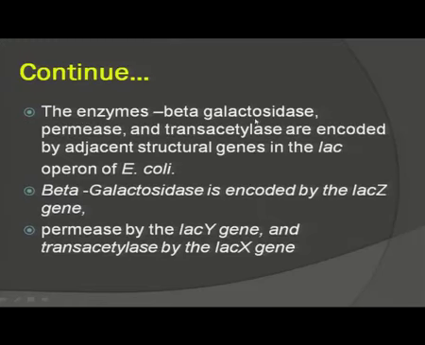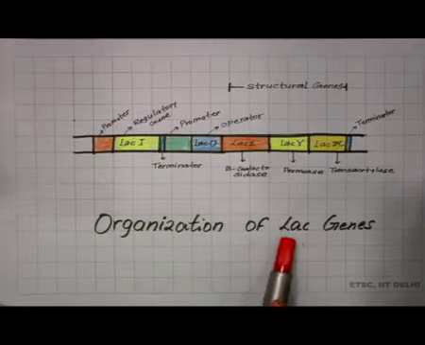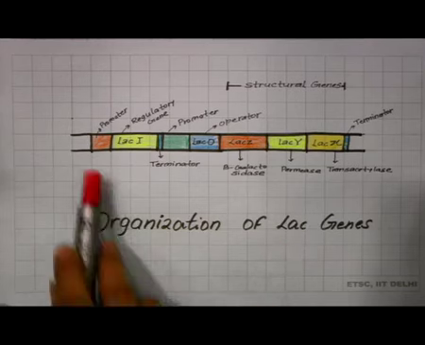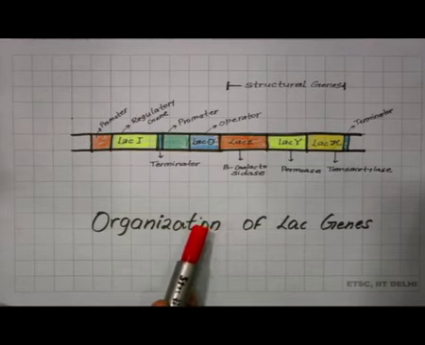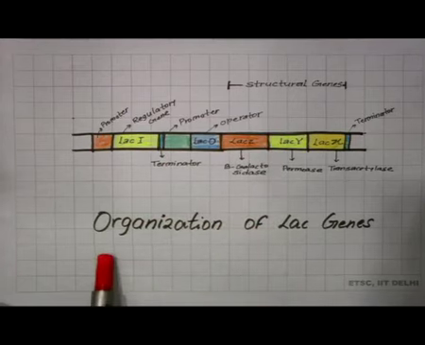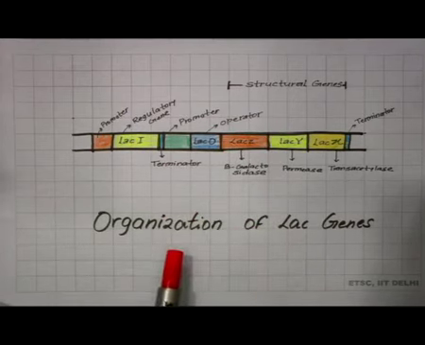The enzymes beta galactosidase, permease and transacetylase are encoded by adjacent structural genes in the lac operon of E. coli. To learn about the lac operon, we should know the organization of the lactose genes, how the genes associated with lactose metabolism are organized in the DNA in bacteria. You can see in the diagram the organization of the lac genes.